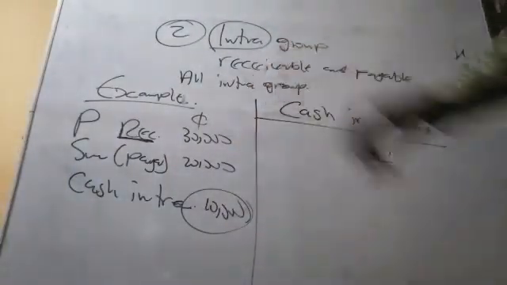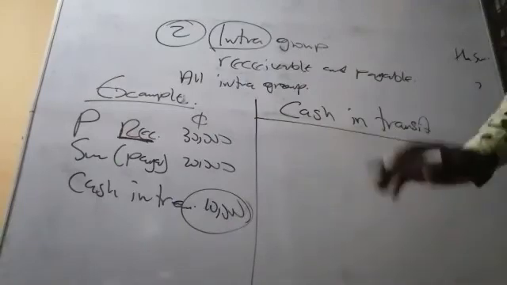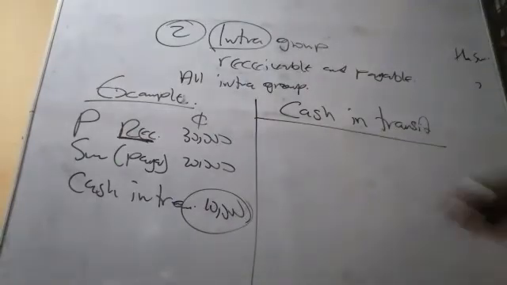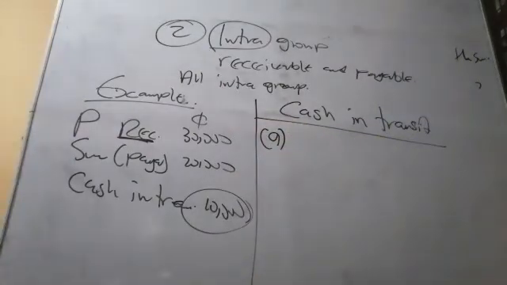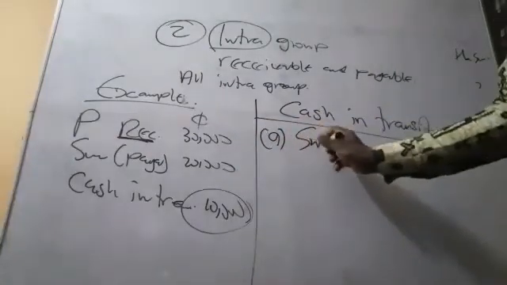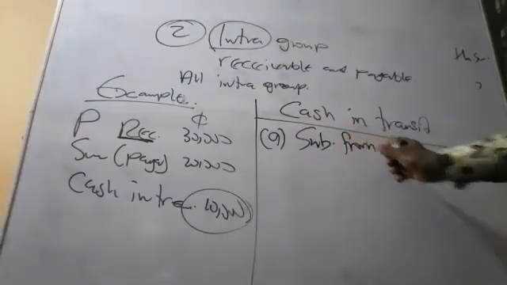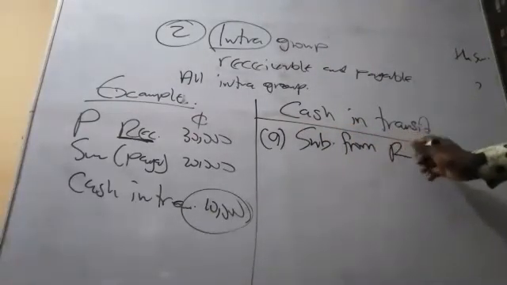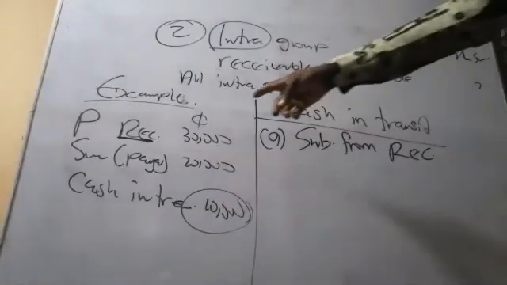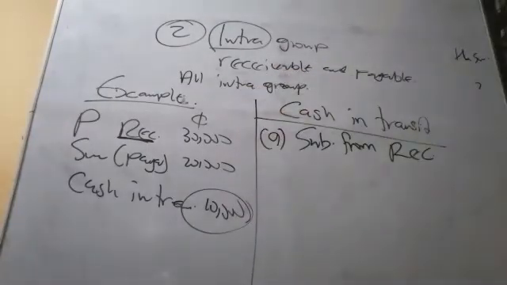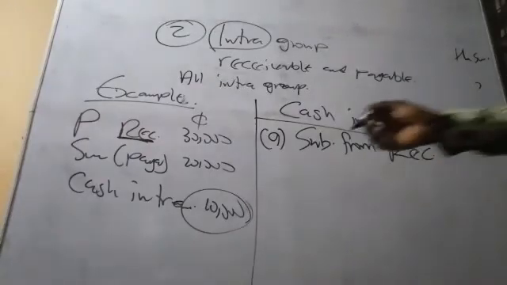So if the parent receives the money, what do you think happens to the receivable? It will go down, right? Perfect. So first, workings number one, subtract it from the receivable. It doesn't matter whether the parent is the one who dispatched the cash or the subsidiary, it doesn't matter. Subtract from receivable.